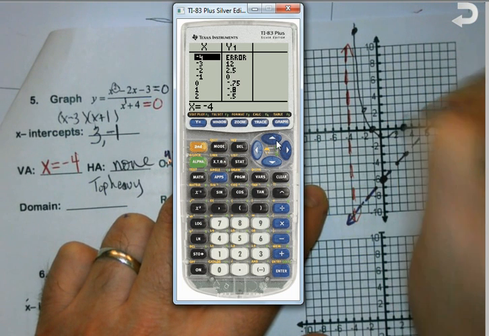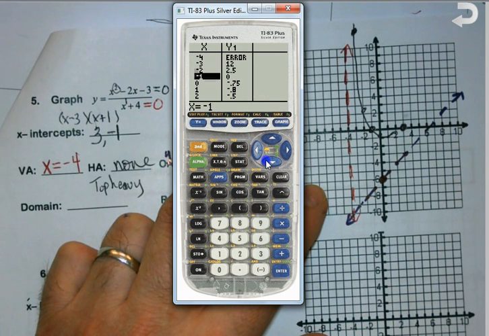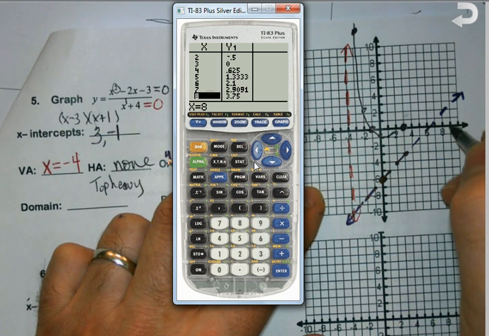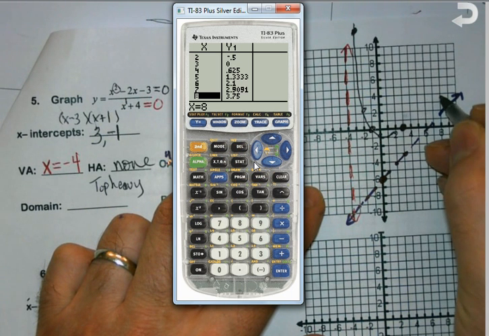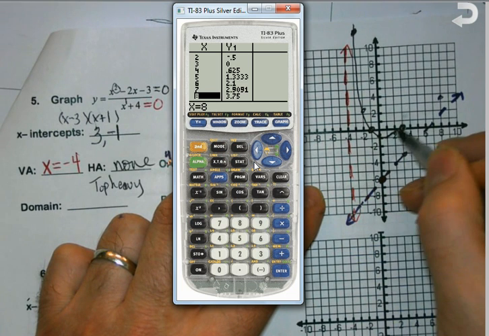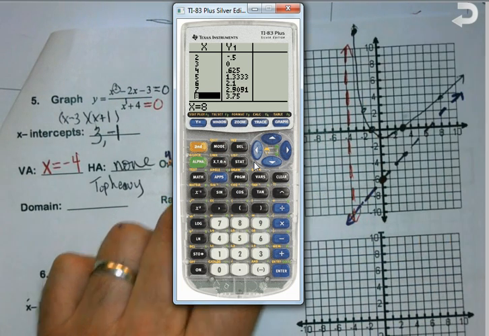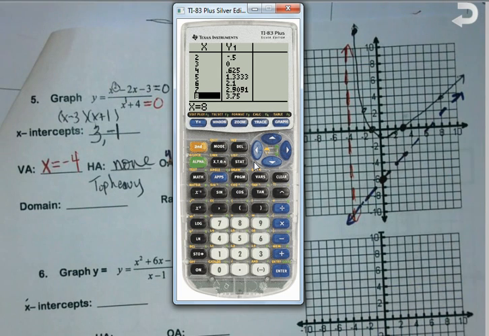I do want something that's going to be fairly accurate though. So I'm curious, as the numbers get bigger, what's happening here. And you start to notice, if I put a value a little bit further out, that my branch is going to start getting closer and closer to that slant asymptote.